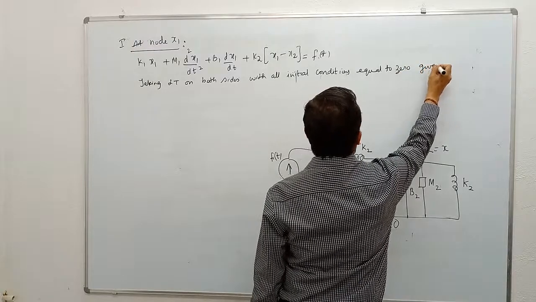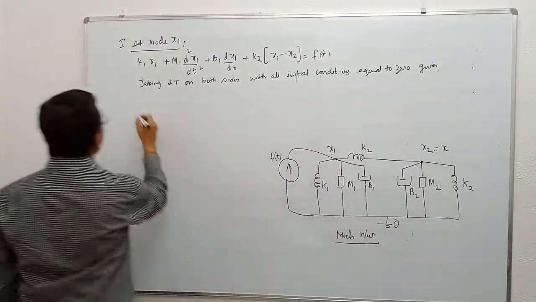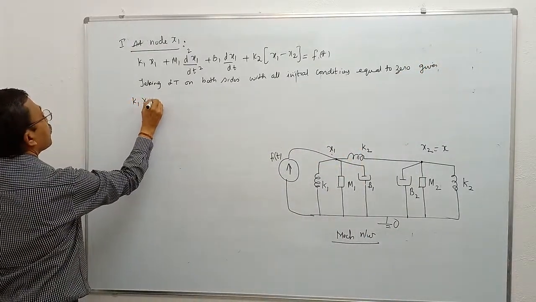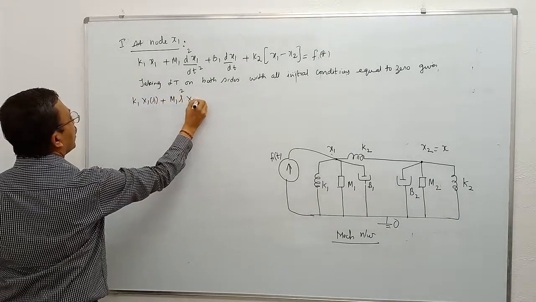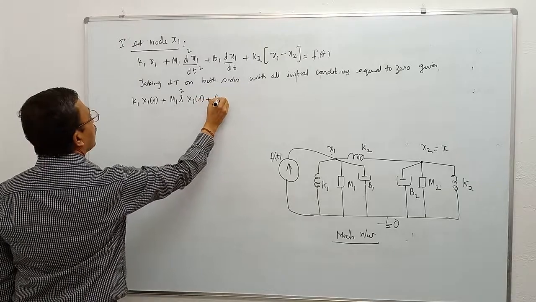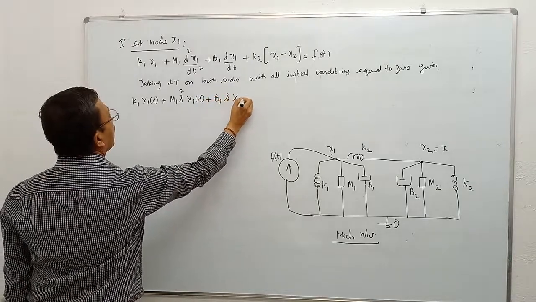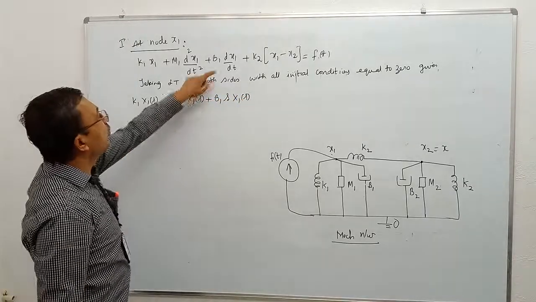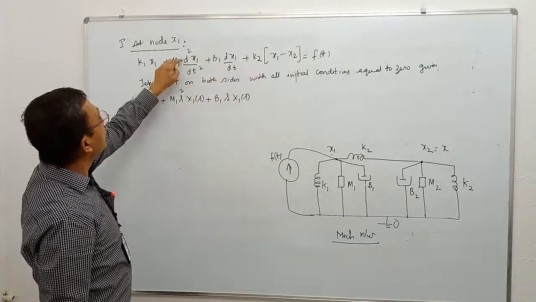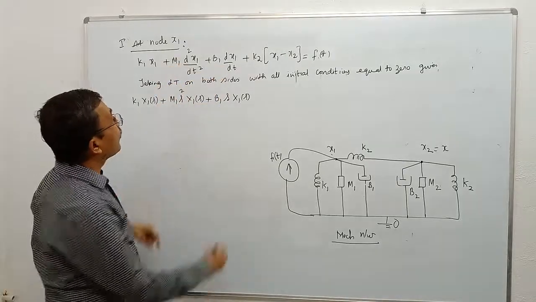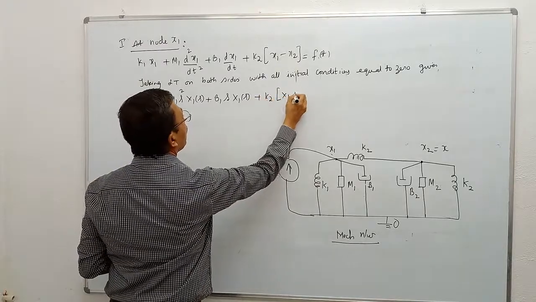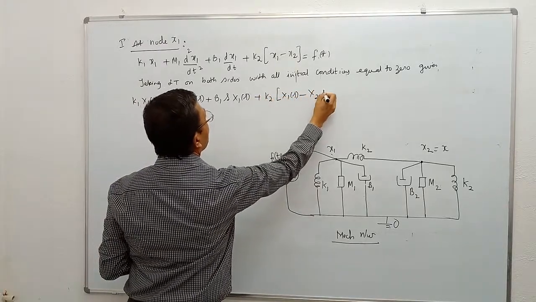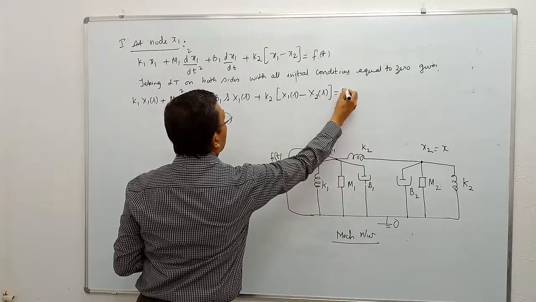gives K1 into X1 of s plus M1 into s square into X1 of s plus B1 into s into X1 of s. d by dt will become s, d square by dt square will become s square. Plus K2 into X1 of s minus X2 of s is equal to F of s.